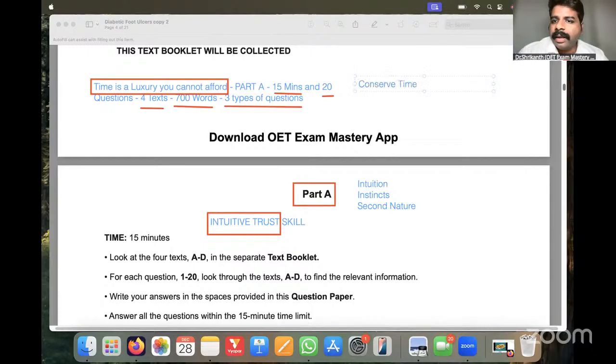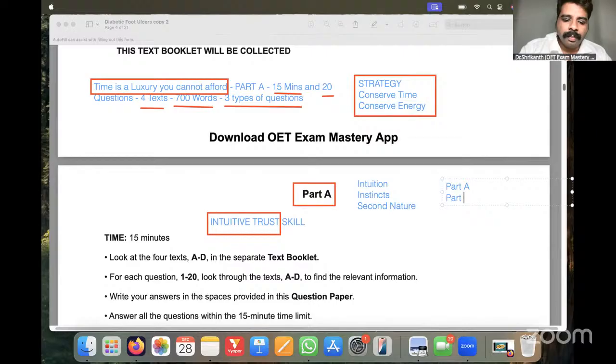So the entire strategy in OET Reading Part A is basically time conservation as well as energy conservation. You have to conserve your energy as well, because after you finish OET Reading Part A, you still have to finish part B and part C. There are three parts to the Occupational English Test reading.